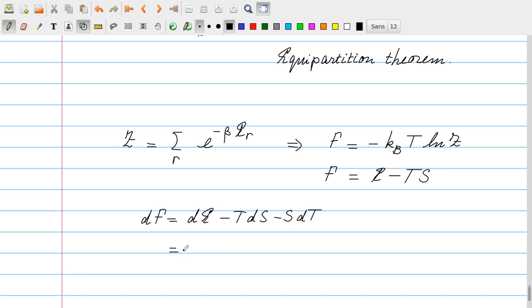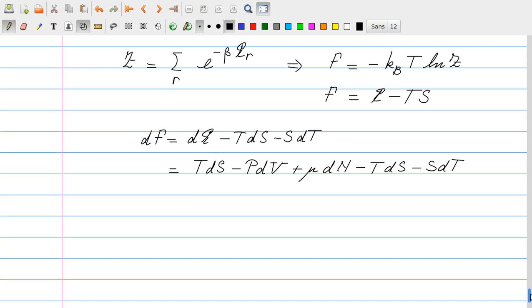We know from the first law that dE can be written as TdS minus PdV plus mu dN, and then we have the minus TdS minus SdT. So this is minus SdT minus PdV plus mu dN. And that's a result of these two terms cancelling.